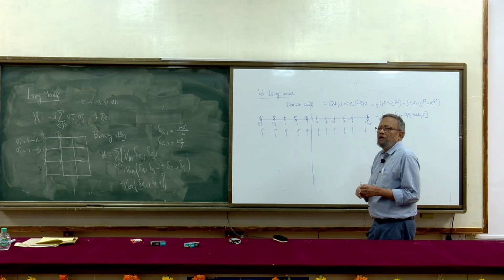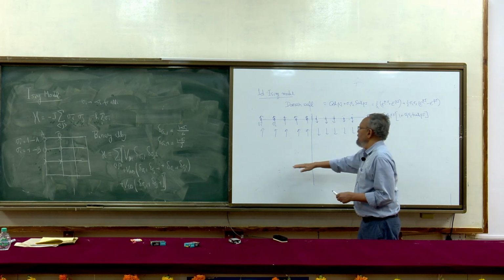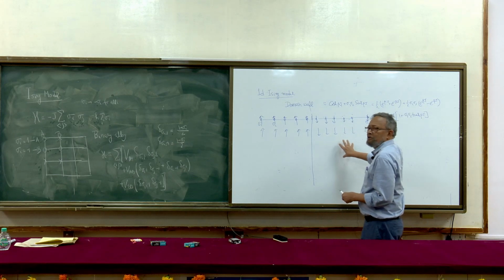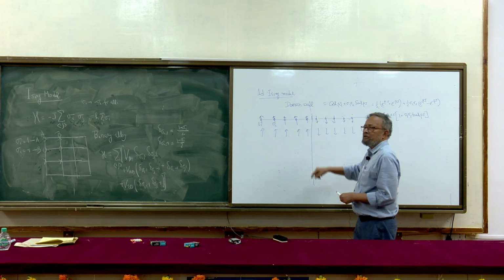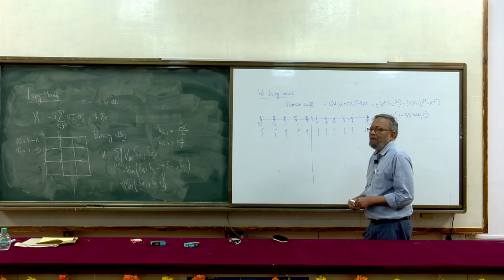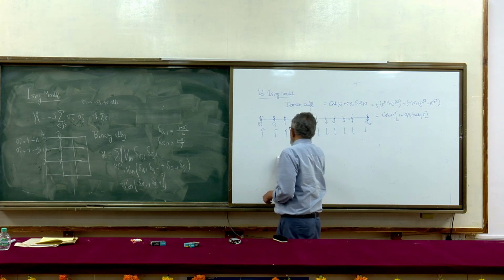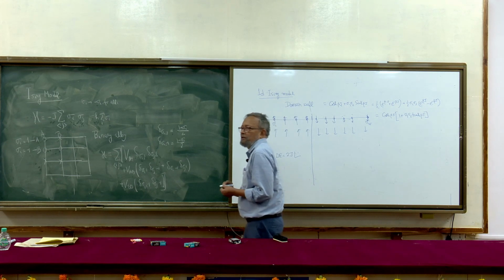So the extra energy was just 2J. But if I want to divide a two-dimensional lattice into one region where everything is up and one region where everything is down, then the length of this side of the lattice comes into the picture. So there, for a simple straight domain wall, the energy is delta E, 2 times J times the length of the system.